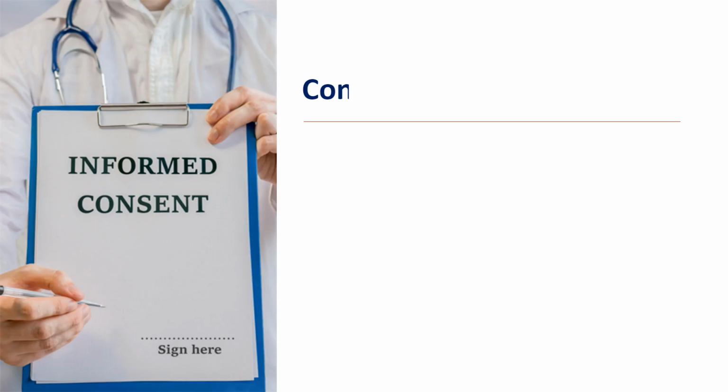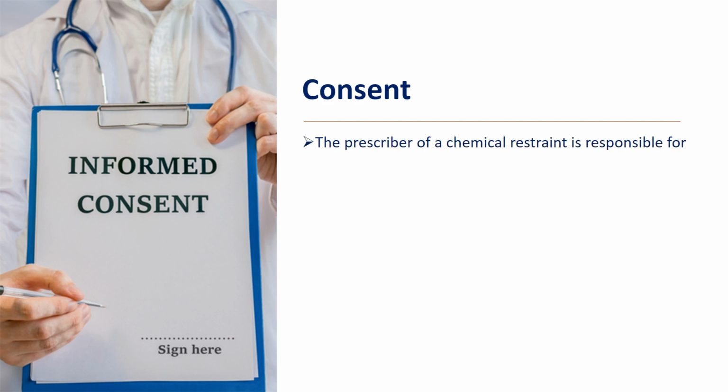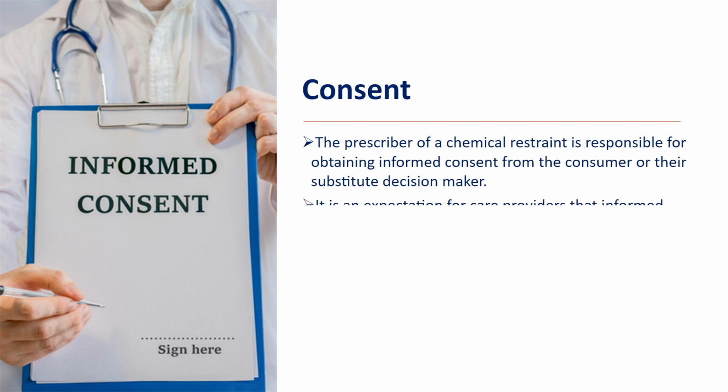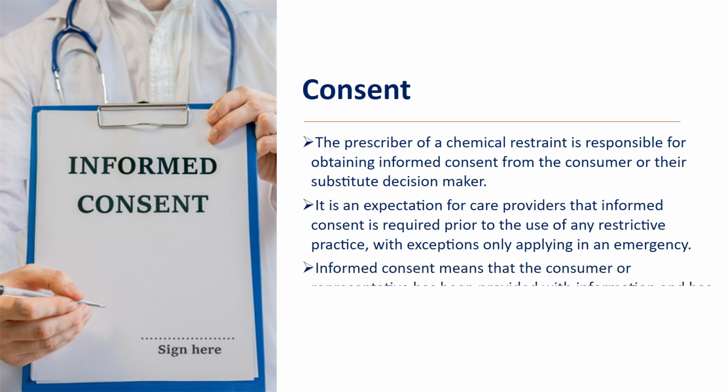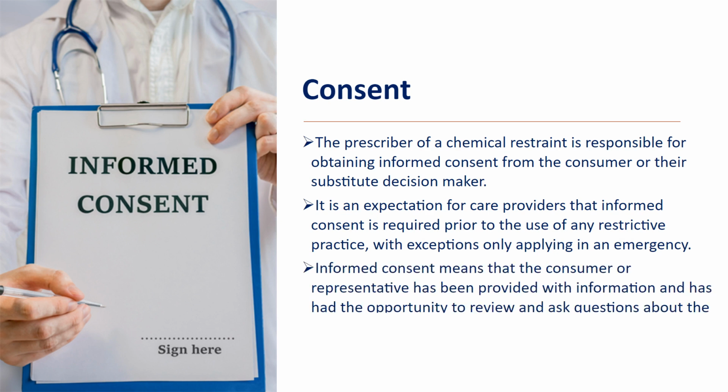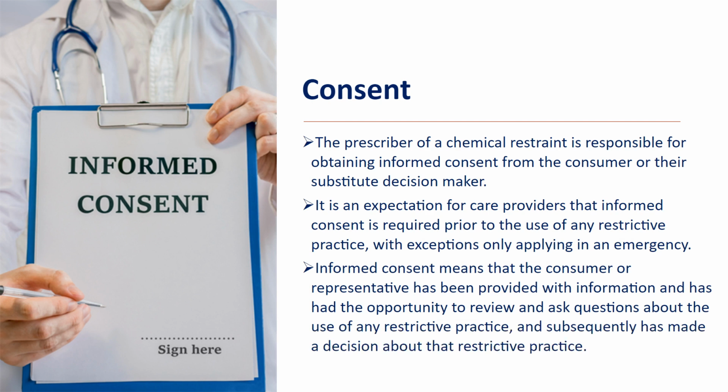It's quite handy. Consent. So the prescriber of a chemical restraint is responsible for obtaining informed consent for that medication. Informed consent should be obtained prior to using the restrictive practices or medication, except of course in an emergency.